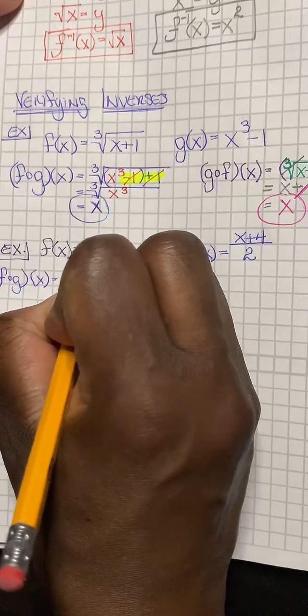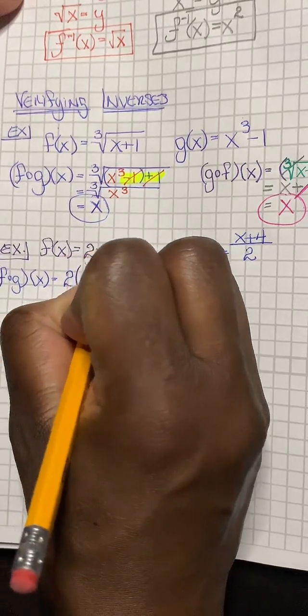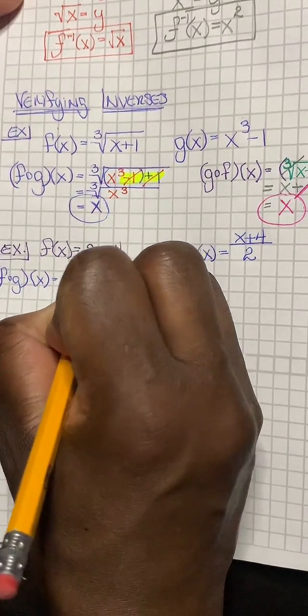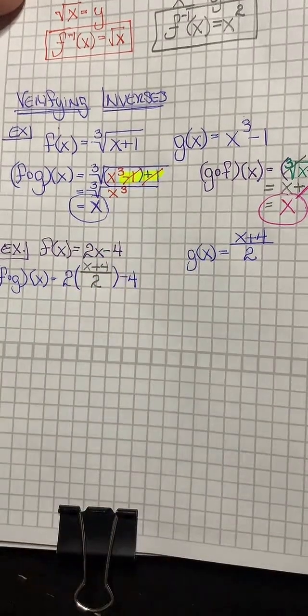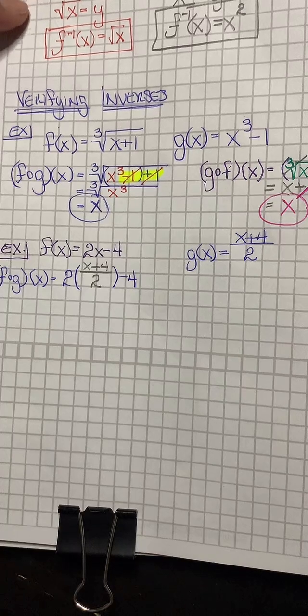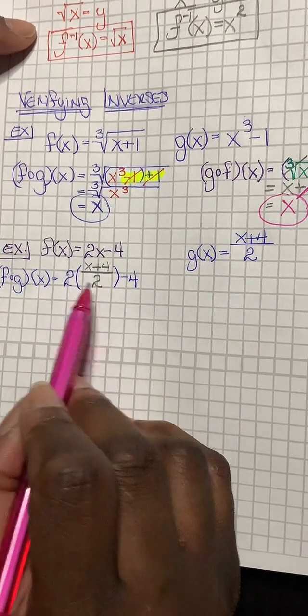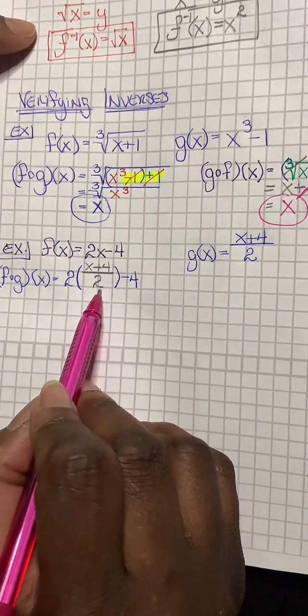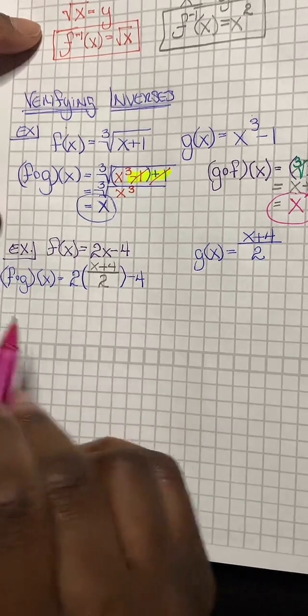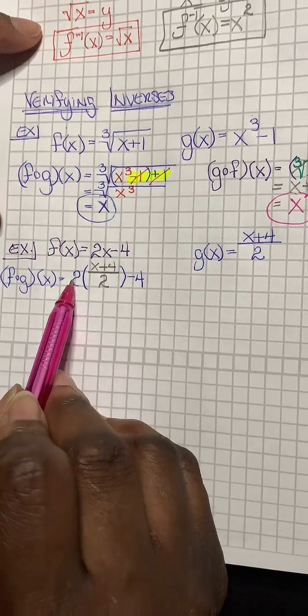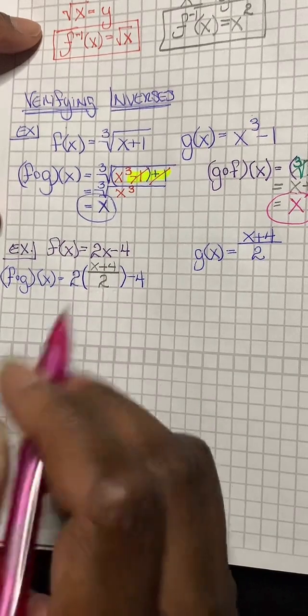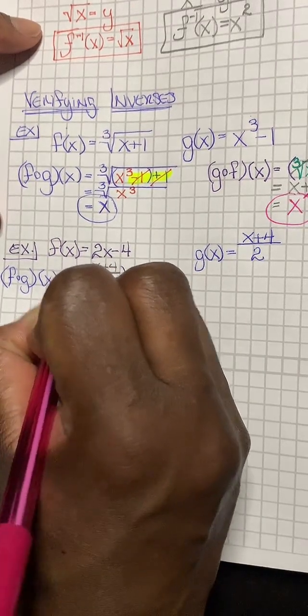Inside I have x plus 4 over 2. Now, I know some of you probably saw the fraction and said, nope, I'm not doing that. But take a look. The whole number and the denominator are the same number. So it's almost like me saying 2 divided by 2, which gives me a 1.